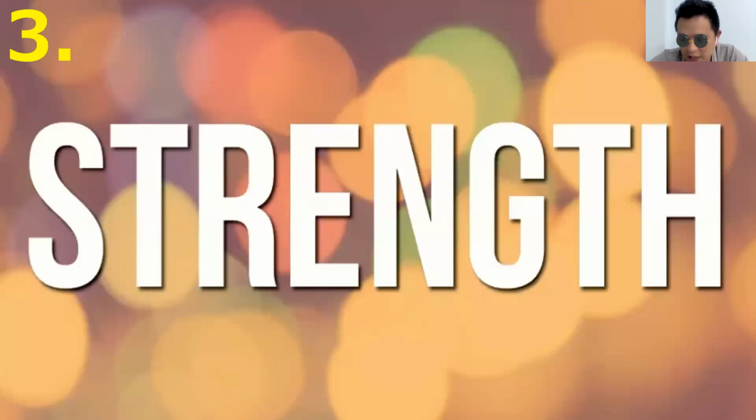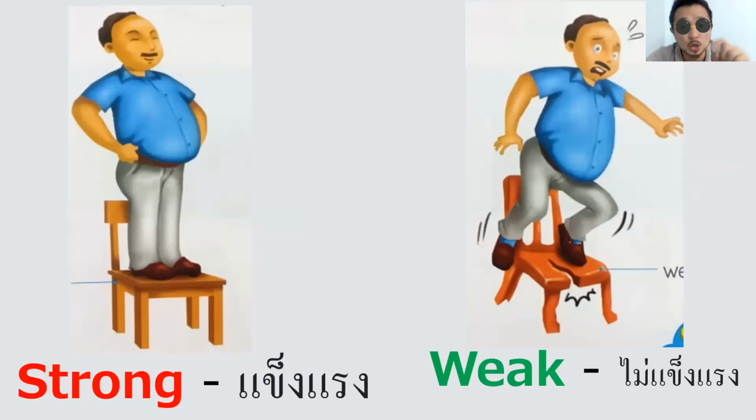Next is number 3. Number 3 is strength. If I have a lot of strength, that means you are strong. And if you don't have strength anymore, you are weak. Look at these two objects.